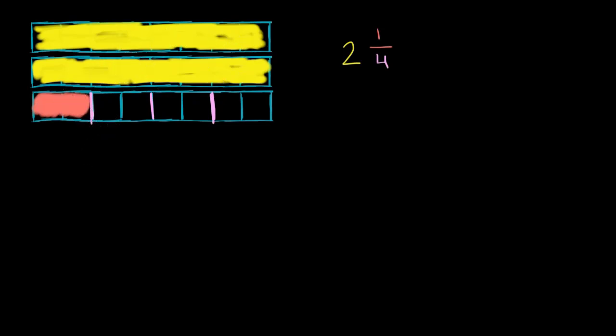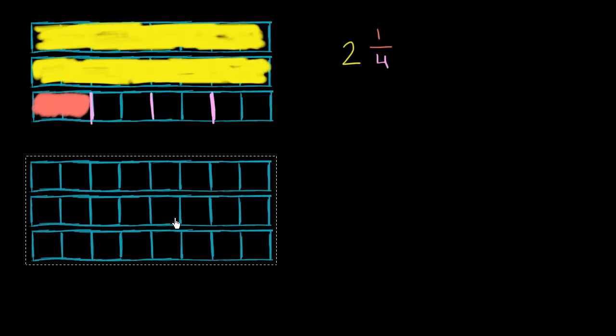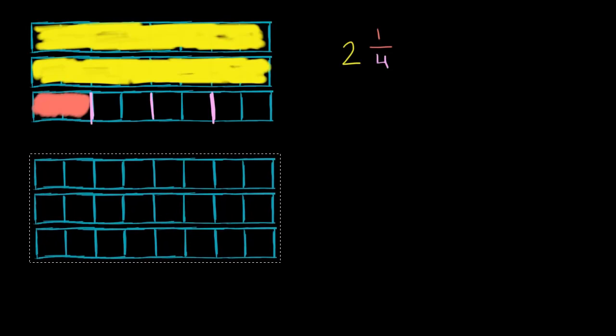Let's see how we can decompose this. So let's get our grids back. So how else could we do it? I'm just going to throw a bunch of fractions up there and see what I get. So the first thing I'm going to throw out is 1/2. How would I represent 1/2 here?